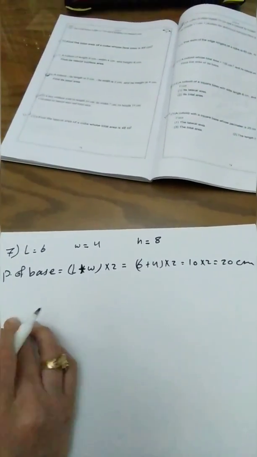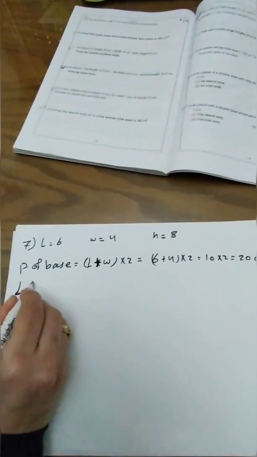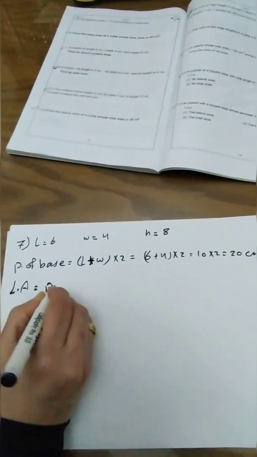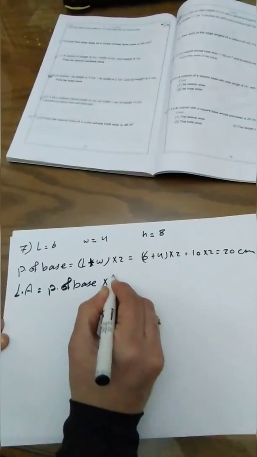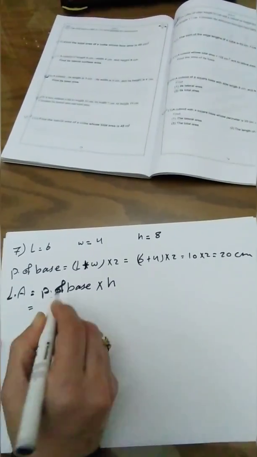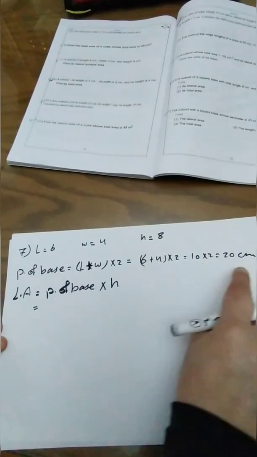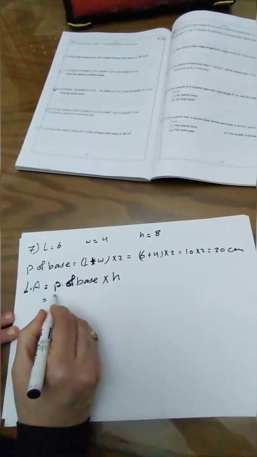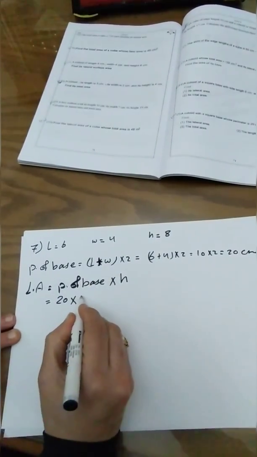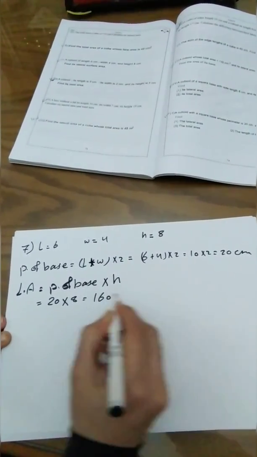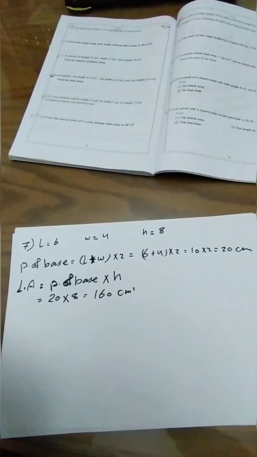Now it's easy to find the lateral area, equal perimeter of base multiplied by the height. What is the perimeter of base? I already have it, 20 multiplied by the height, which is 8, equal 160 centimeter square.